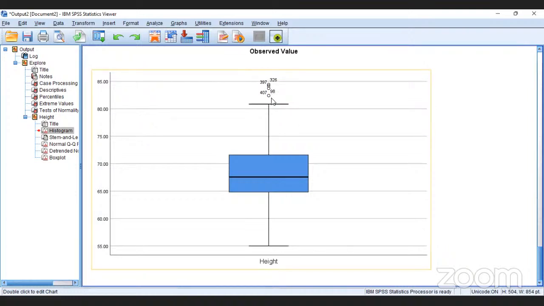So if we look at it, we have respondent 326, right? The height is considered to be an outlier. Respondent 407, respondent 98, respondent 397. Their heights are far above the general average height in this data set. Do you see that? So we can also use this to identify outliers.